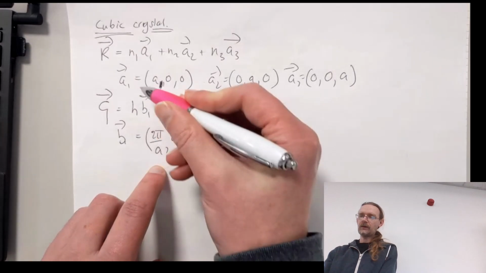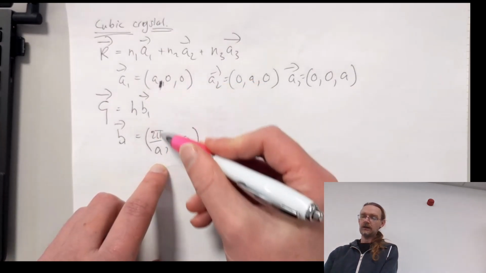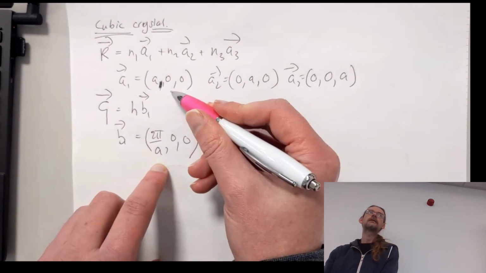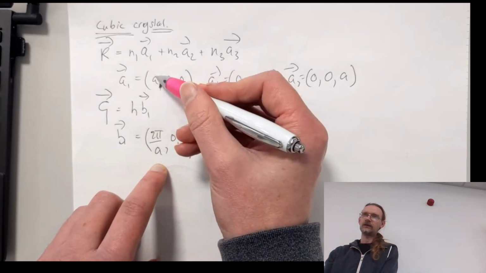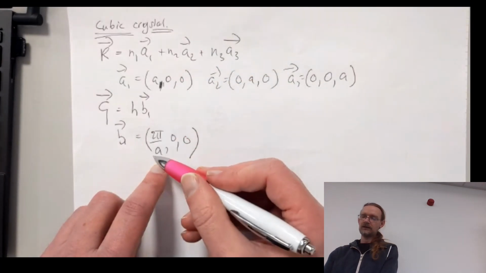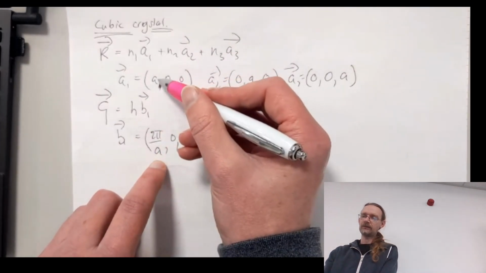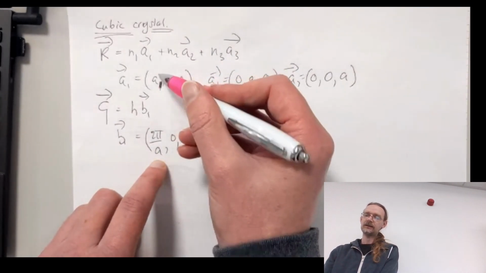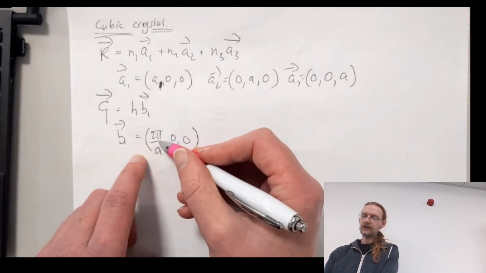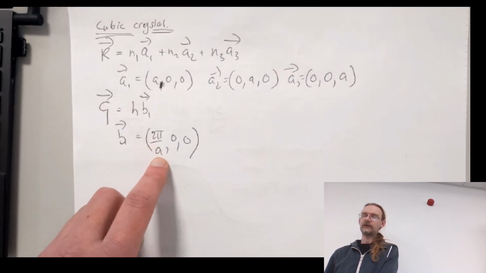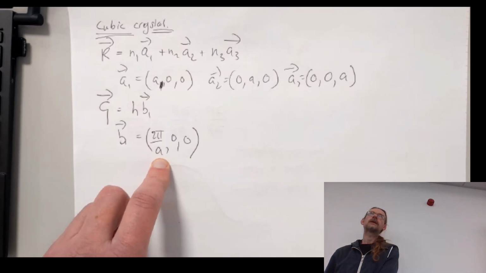So if I dot b1 with a1, I will get 2 pi. They're both in the same direction. a1 has component a, its lattice constant, and b1 is 2 pi upon a.